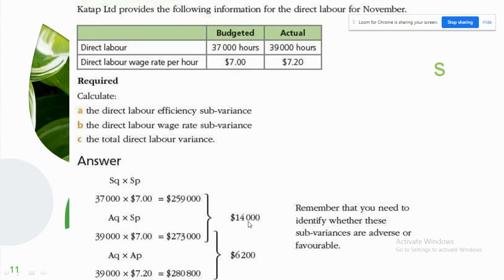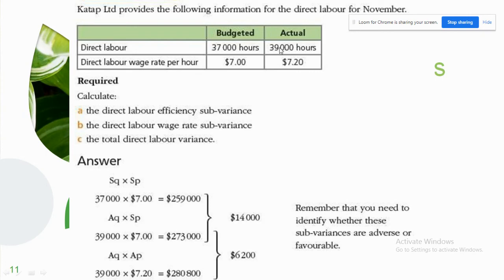Now, is the $14,000 adverse or favorable? If you look at it critically, let's look at it from here to make it easier. 37,000 hours was budgeted to use, but 39,000 hours was used.